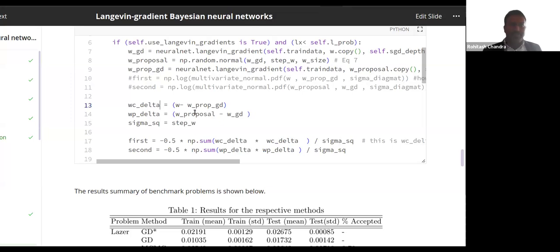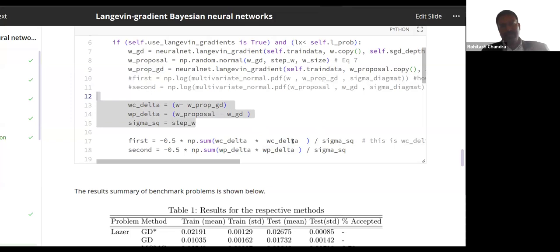The difference, W minus the W proposal gradient, is the WP delta. Then we have the WC delta and the WP delta, and these are essentially the things inside the multivariate distribution.